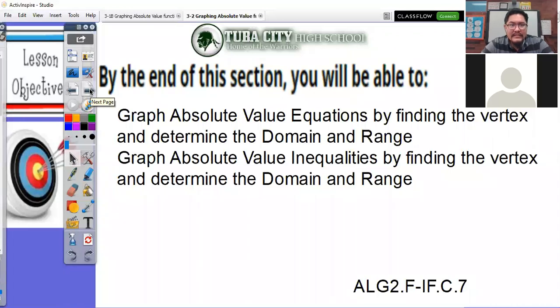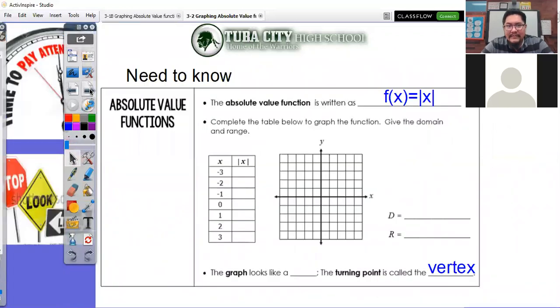All right, so let's see what we need to know about absolute value functions. The absolute value function is written like this. It's got this f of x, which again can also be used in place of y. And we have these brackets that are straight up and down.